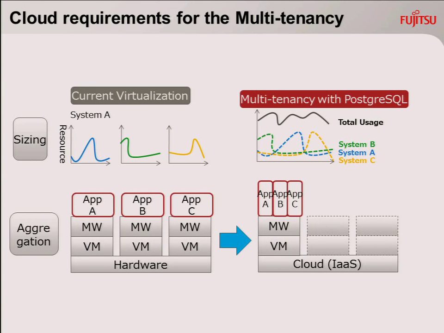Okay. So this is just a very simplistic view of how multi-tenancy would look, and this is on a virtualized environment, obviously. So you have 3 VMs on a hardware, each running some sort of middleware on top of it. And if you look at the graphs, they all align perfectly. They have different peak periods, but not at the same time, obviously.